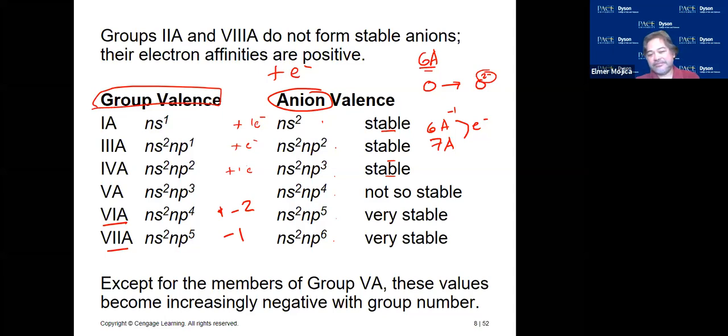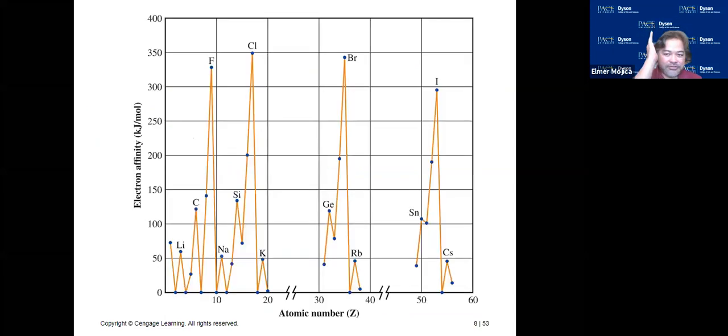So if you're going to look at this, this is just how we're going to look at electron affinity. We could say left to right, electron affinity increases. Based on this, the ones that have the highest electron affinity are group 7A.